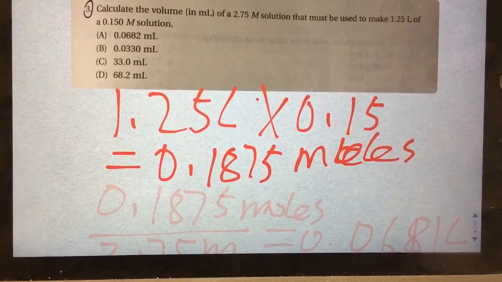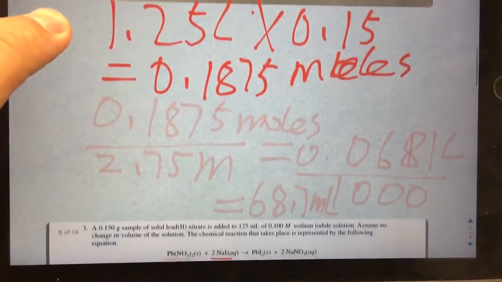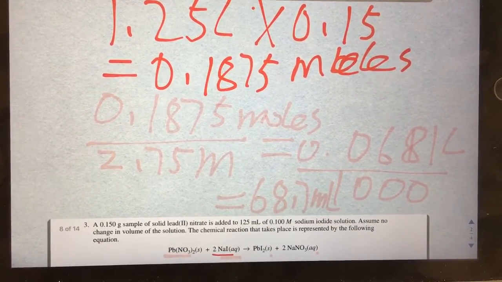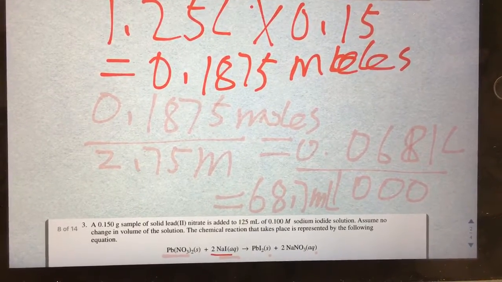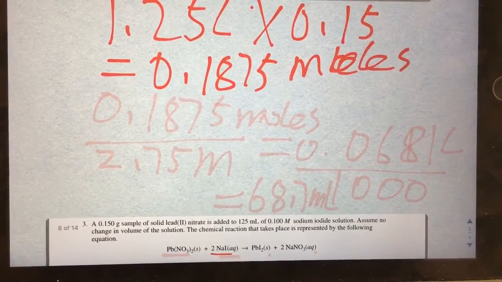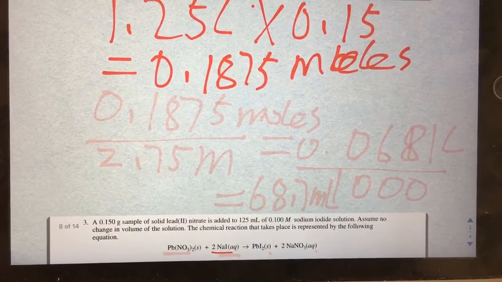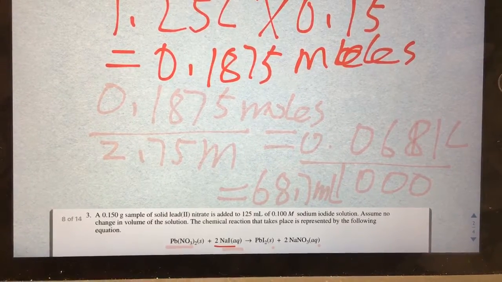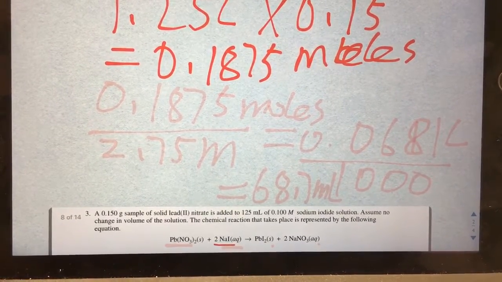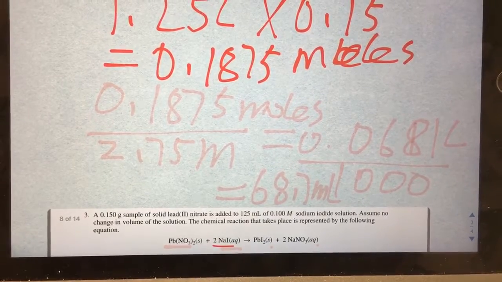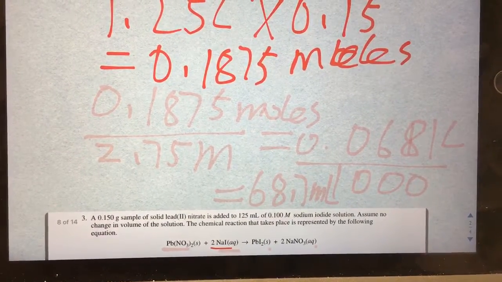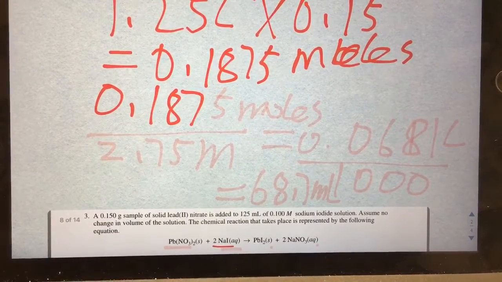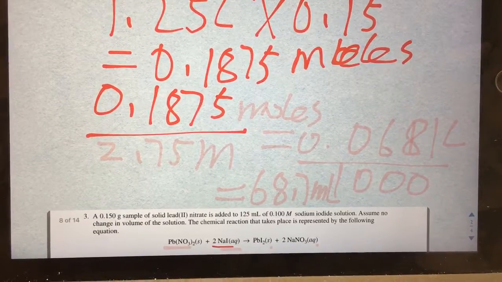So for the next part, we need to get the volume of the solution. We already know molarity is defined as moles per liter. So we have the moles, now we get the liters. The molarity is given by 2.75. Now we simply use the mole number divided by the molarity.